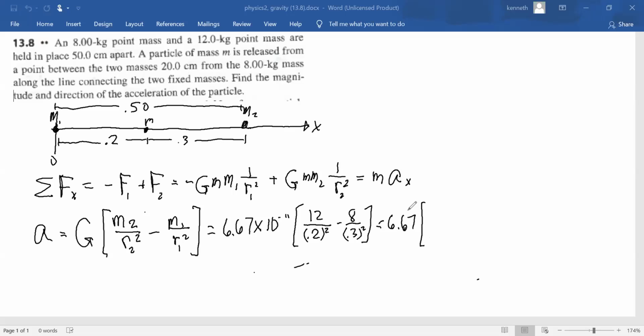There's that 12 over 4 minus 8 over 9, and combining those factors of 10 looks like that's 10 to the minus 11. It's a plus 2, 10 to the minus 9, or common denominator, all of that.